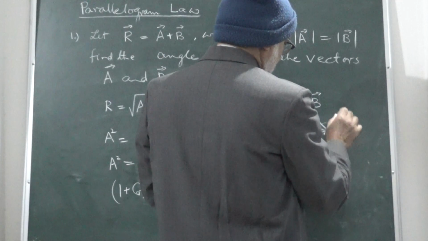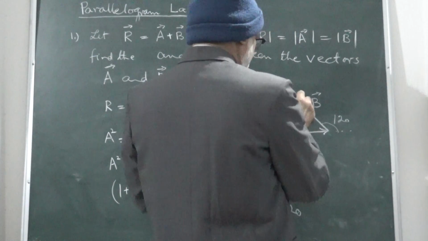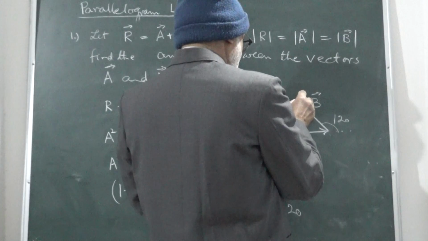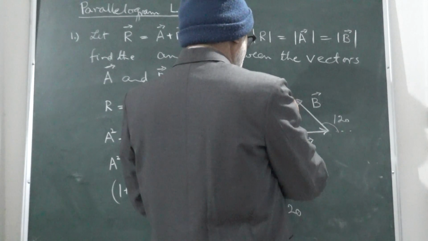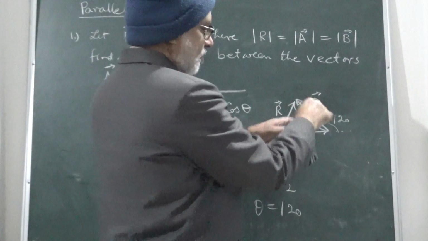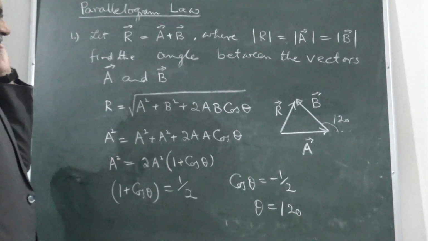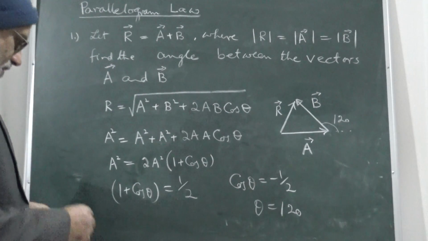So the resultant is this, and the magnitude of the resultant is also equal, so all of them are equal. So this gives you the first example.